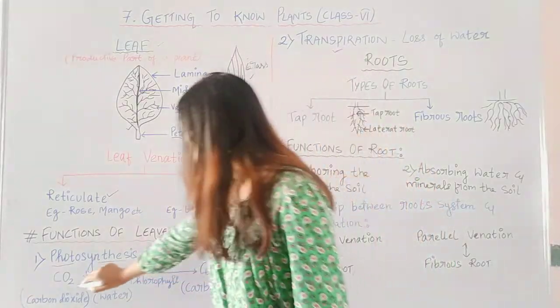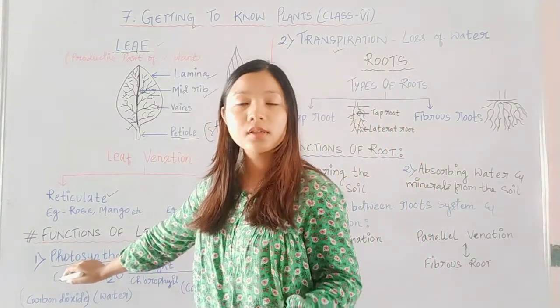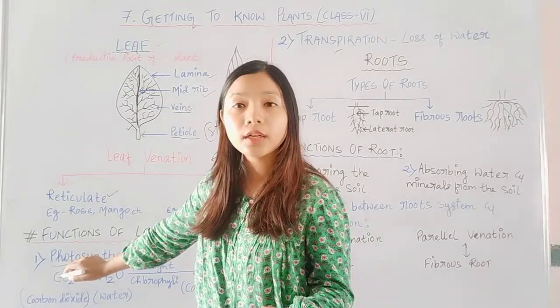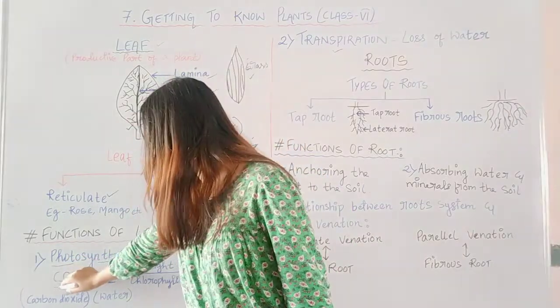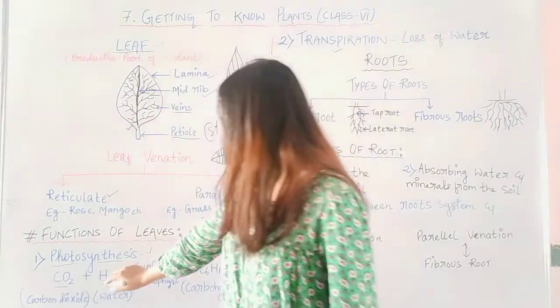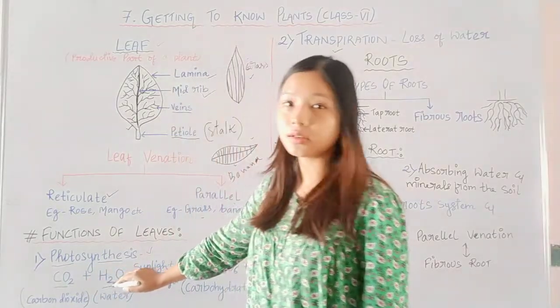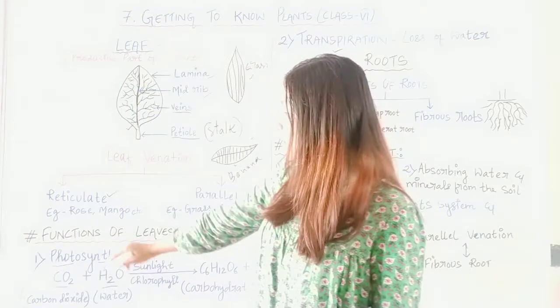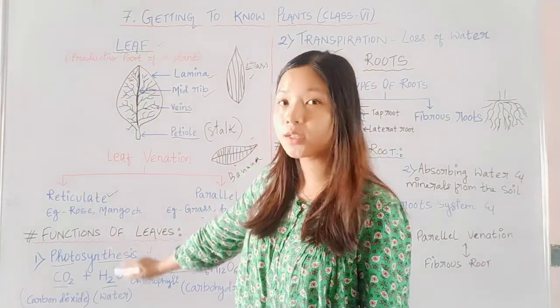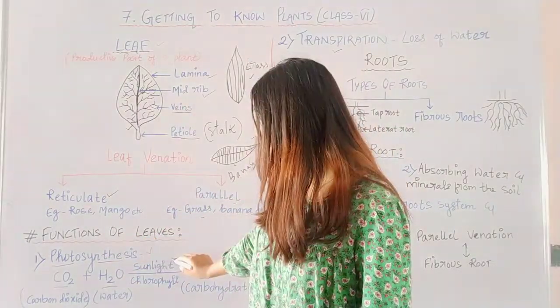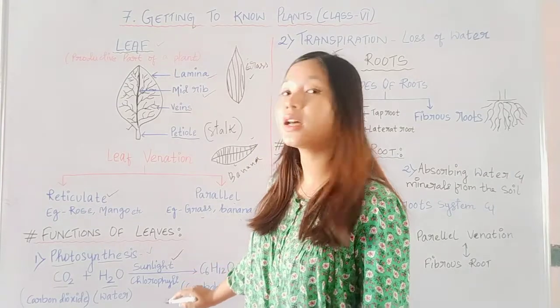For the process of photosynthesis, or for plants to prepare their food, they need carbon dioxide gas, which is CO2, and water, which is H2O, and sunlight is a must.